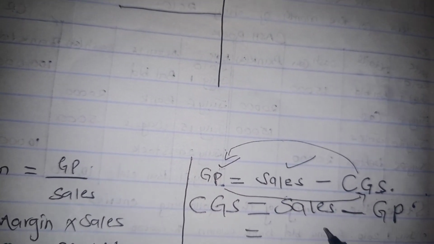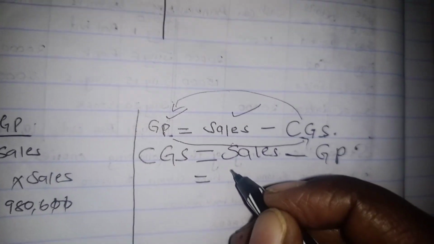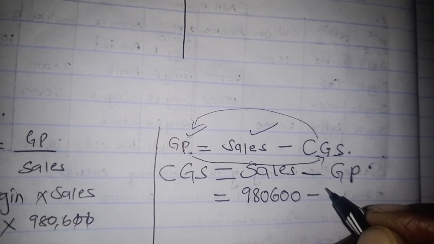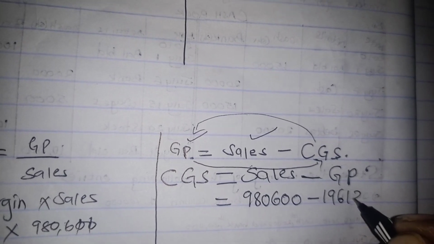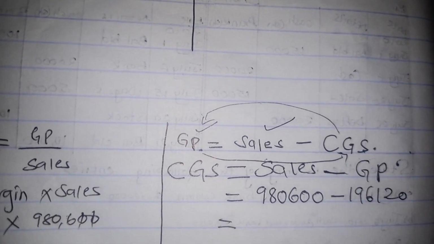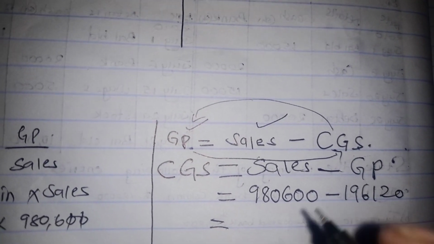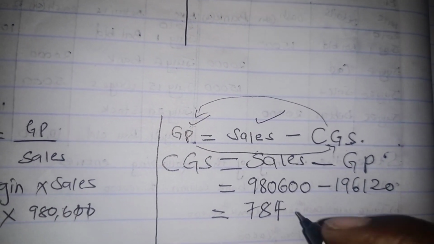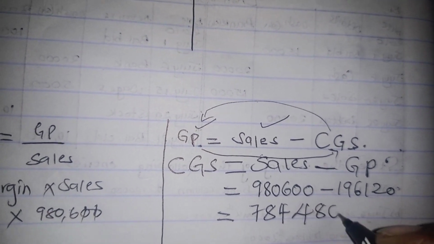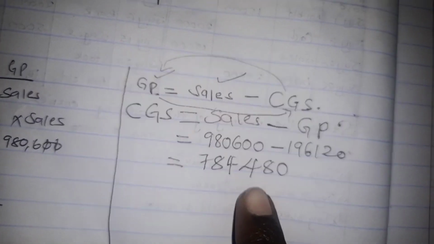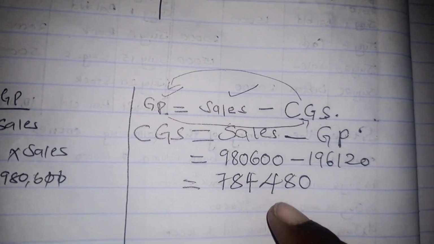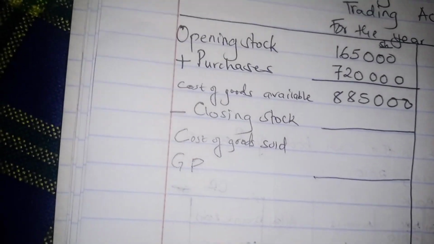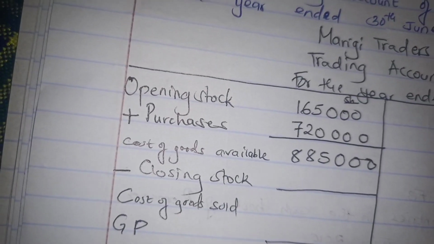And therefore, our cost of goods sold will be 980,600 minus 196,120. So we subtract those two, we arrive at 784,480. And learners, this is our cost of goods sold.